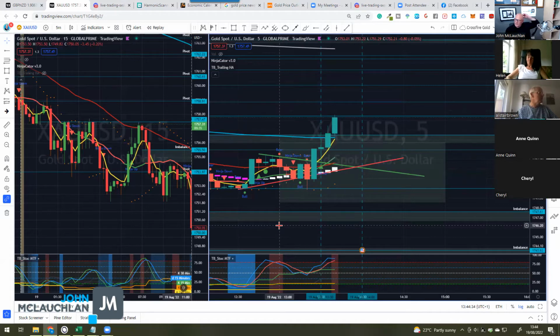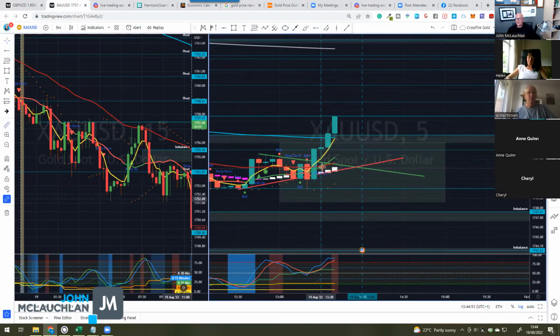This is something that I'm going to test out again probably next week: can we get in before the Crossfire lines? Again, it has to be thoroughly tested, but we'll see, because if you got in around this sort of area here, probably in the middle, then there's potential for a lot more to be had.